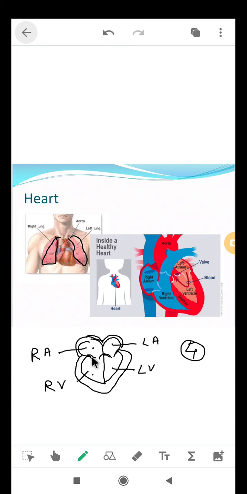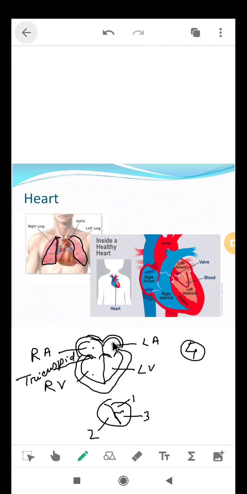This valve contains three flaps, like flaps. 1, 2, and 3. So this is called the tricuspid valve. So where is the tricuspid valve present? In between the right atrium and the right ventricle.